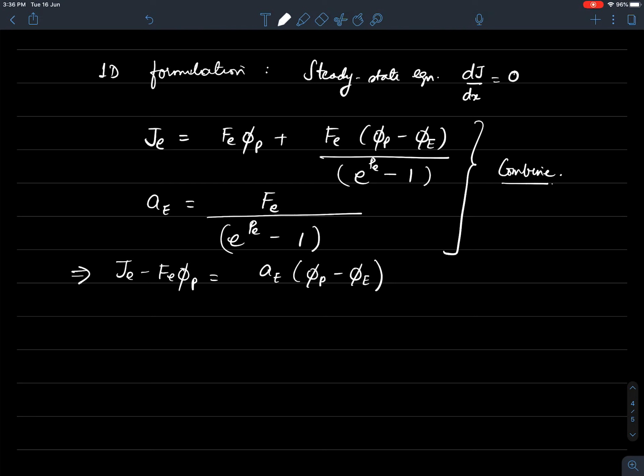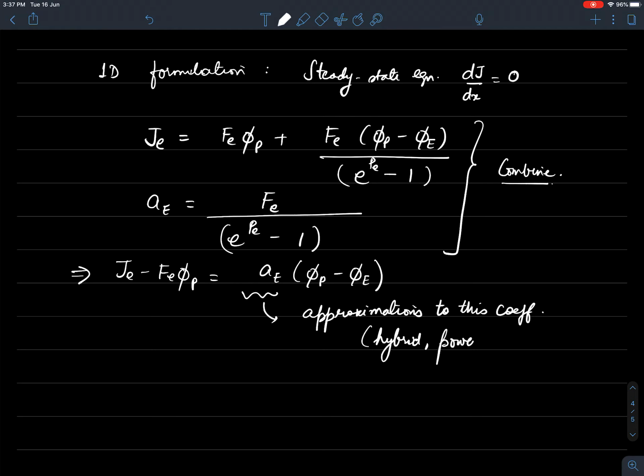Now this is based on the exact solution to the problem. The reason I did this is that we have so far described approximations to this coefficient. We have looked at approximations that were based on the hybrid scheme or the power law scheme, even the upwind scheme, so to say.